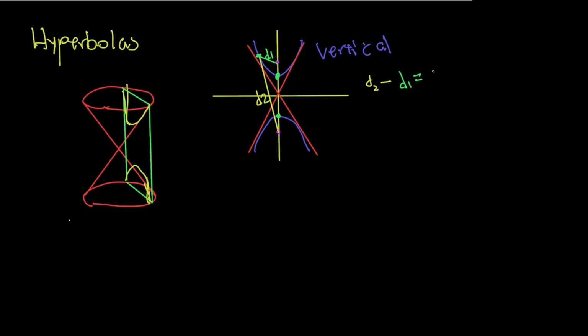It will be a constant. And it doesn't matter which point on the curve you pick, it's always going to come out to this number. And you should add an absolute value around these because it's the distance. It doesn't matter if it's positive or negative.